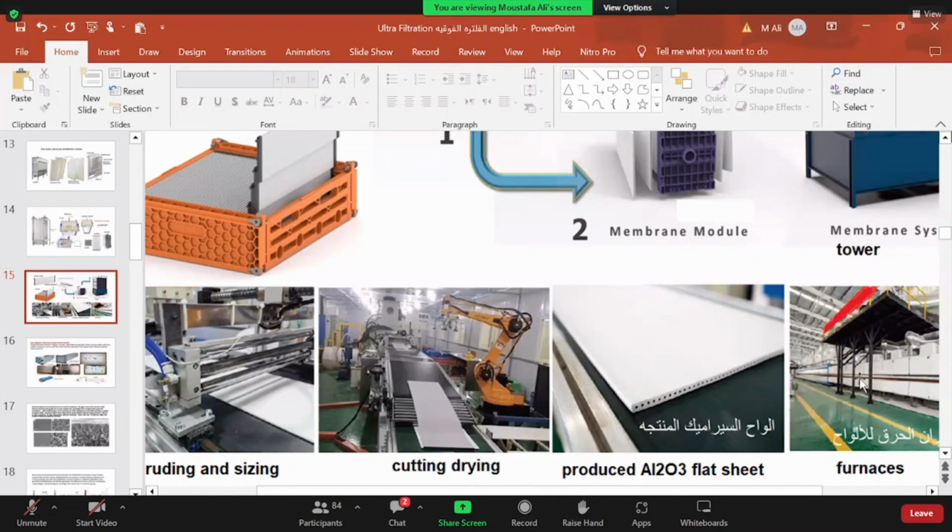This kind of furnace is used for alpha aluminum oxide. We should consider the material and the temperature range used to manufacture it, and also the atmosphere around the type of membrane produced.